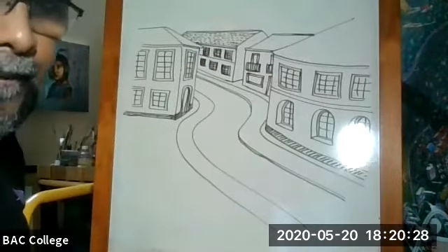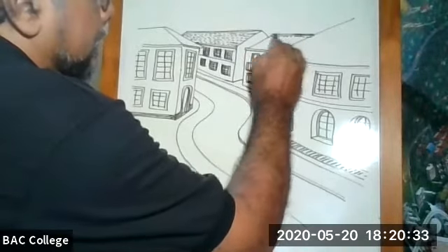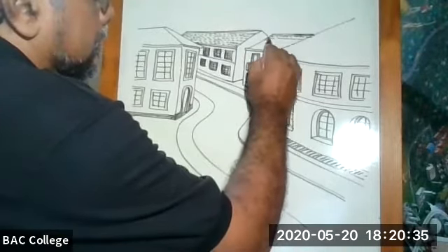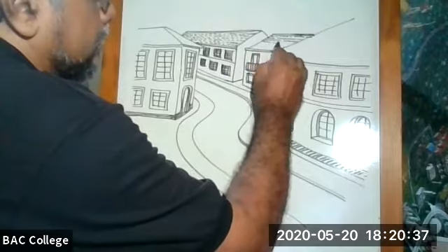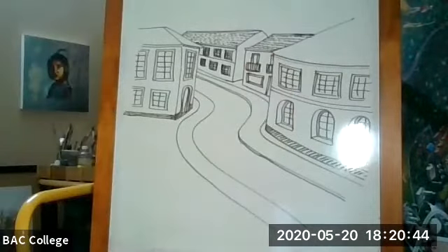Here also you can give some tiles. So it looks like the old English buildings, isn't it? You can also curve it like this.